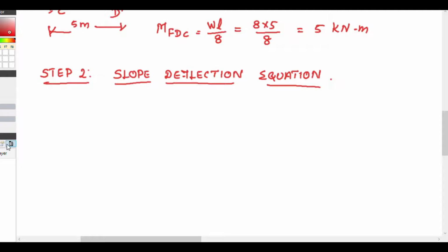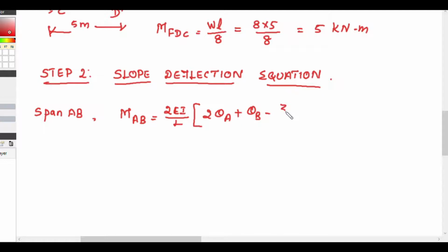First of all, we will consider the span AB. So for the span AB, we have MAB equal to 2EI by L into 2 theta A plus theta B minus 3 delta by L plus MFAB.